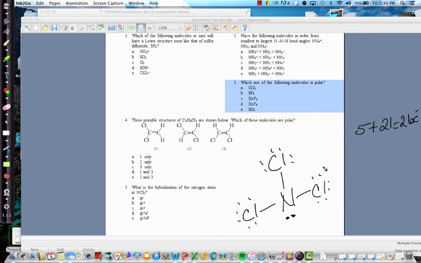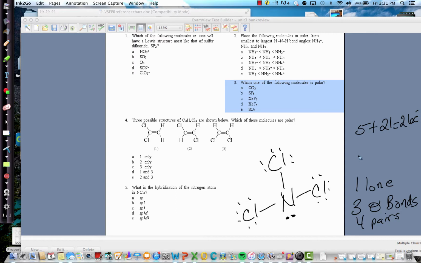All right, so now when we're counting for hybridization, remember you're just going to count sigma bonds, and then you're going to count lone pairs. So I have 1 lone pair, and then I have 1, 2, 3 single bonds, and each single bond is going to be a sigma bond. So I have 3 sigma bonds here. Sigma bonds are the only ones that can actually be hybridized. So it's 1 plus 3, so that's going to be 4 pairs of electrons.